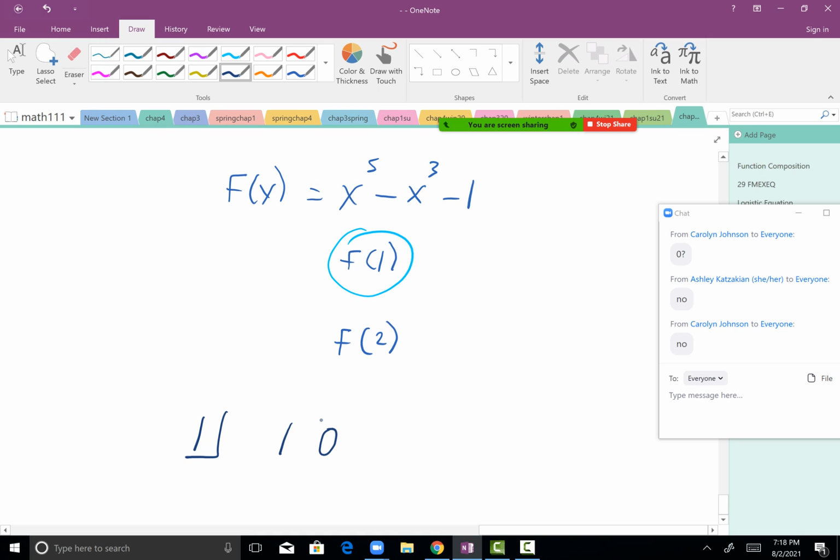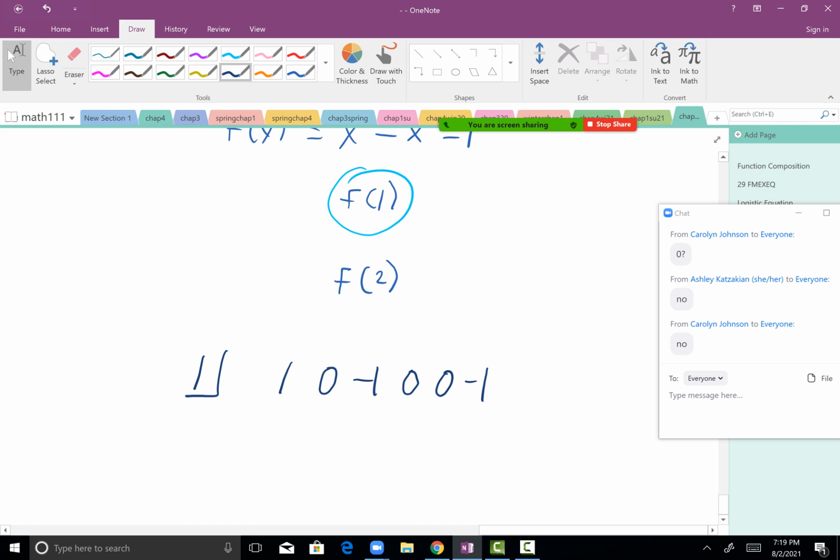Minus 1x cubed. I don't have any x squared, so that's a 0. I don't have any x's, that's a 0. So now I just have a -1. Every time you don't have that particular power, you have to put a 0 in there as a placeholder.